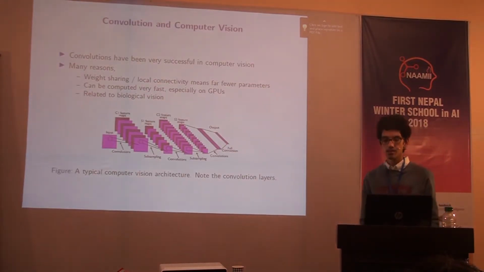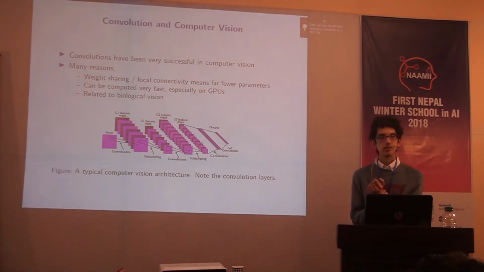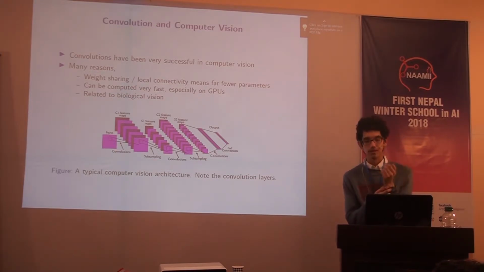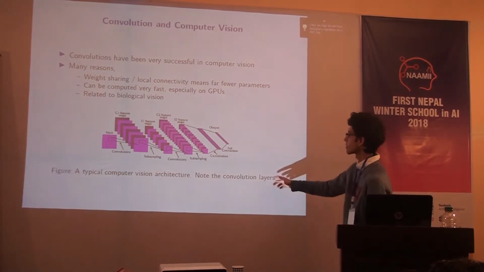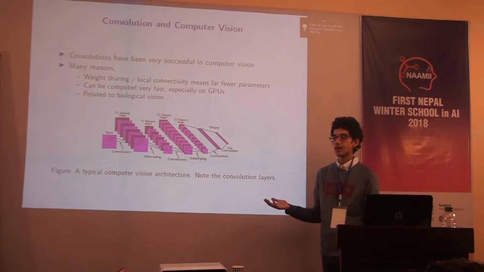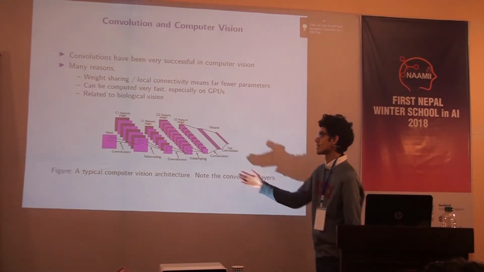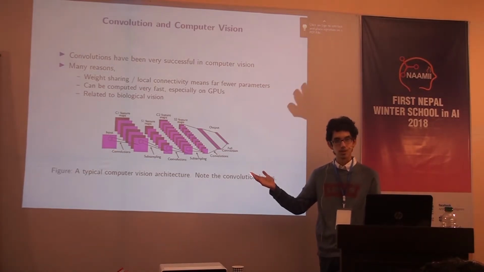But okay, so in computer vision, people are often using these things for convolution, called convolutional neural networks. This is a diagram from one of Yann LeCun's reviews on deep learning for computer vision, and I don't have the reference. The first figure in it is this canonical computer vision deep architecture picture.